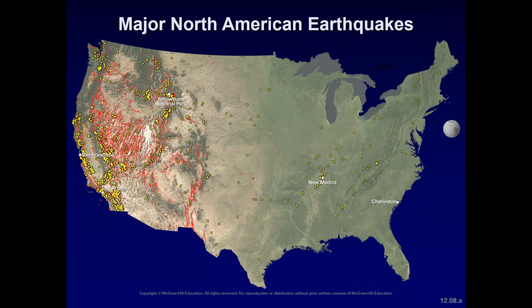I'm thinking more about North America. We have some locations of major North American earthquakes, and those are the yellow dots, and then all these red lines are recently active fault lines, and I don't know how recent, but we'll just say that's what it is.